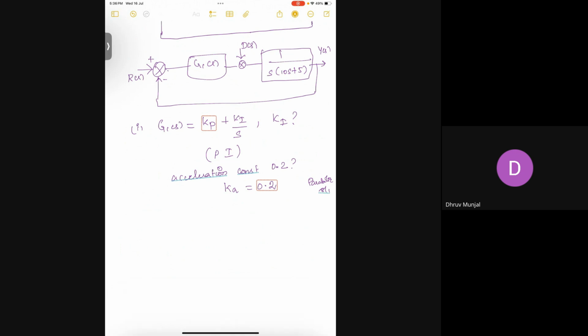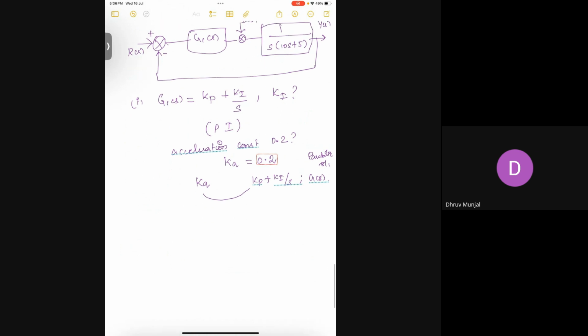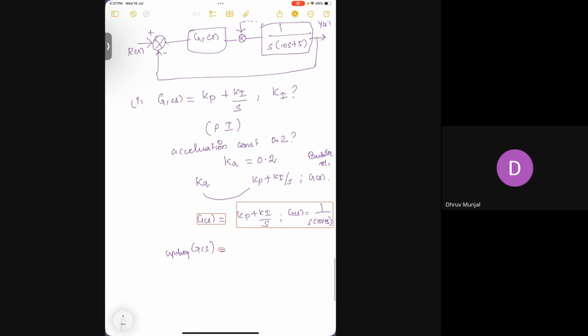Right. So now you should find a way to connect Ka with Kp plus Ki and the information given as G of S. Now, if I replace this Gc of S equal to Kp plus Ki by S, and G of S is 1 by S into 10S plus 5, the updated open loop transfer function would be the multiplication of these two, because these two are in cascade form.